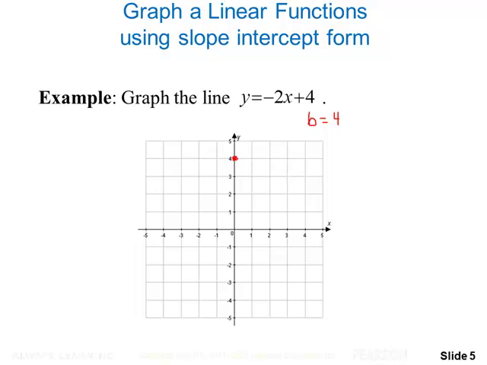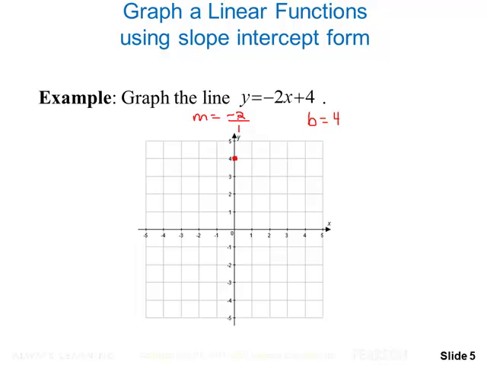Next, from the y-intercept, we'll plot the slope. The slope, which is the coefficient of x, is -2. So I'll write -2 as a fraction. I'll write that as -2 over +1. You must choose either the numerator to be negative or the denominator to be negative.